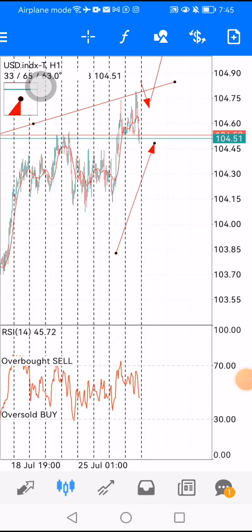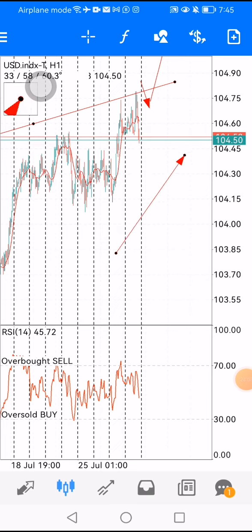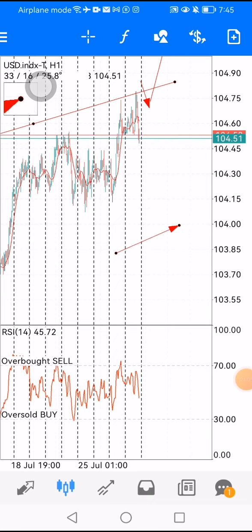We expect price to push a bit up. If price fails to create a higher high there, we'll see price crashing and start selling off. If it breaks that high, then we might see price maybe retesting this now support and continue going up. But as things are now, since we are still below 104.75, we expect price to pull back.